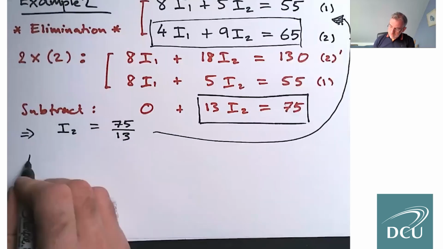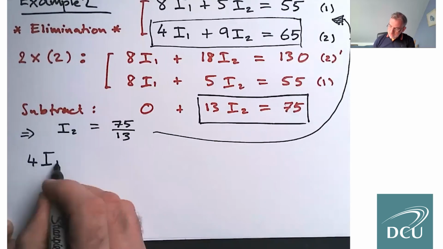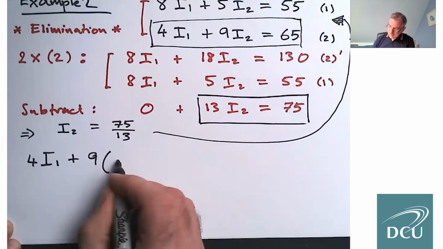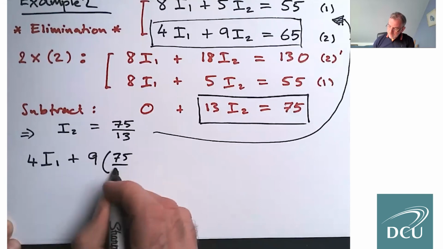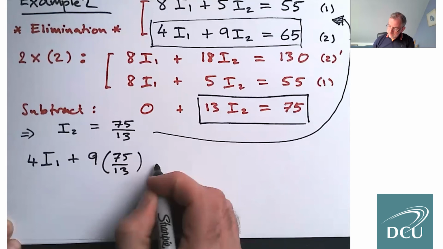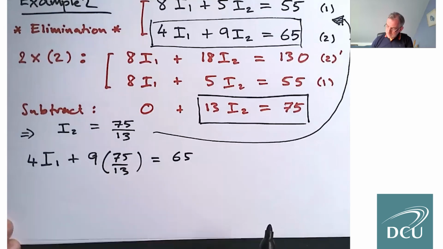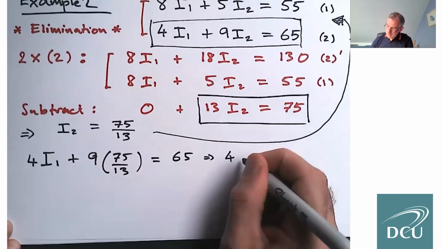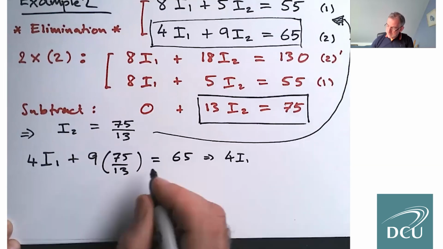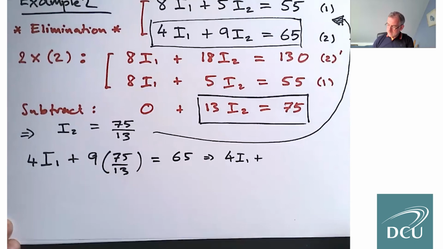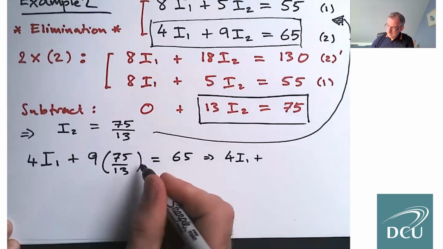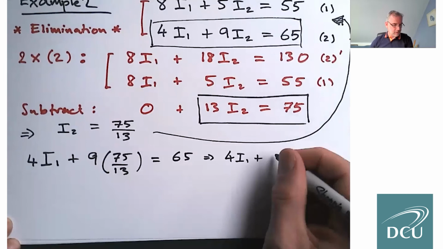I'll get 4 times I1 plus 9 times 75 over 13 is equal to 65. So chuck that into the calculator. We find that 9 times 75, that's going to be 10 times 75 will be 750. Take away 75 will give me 675, I believe.